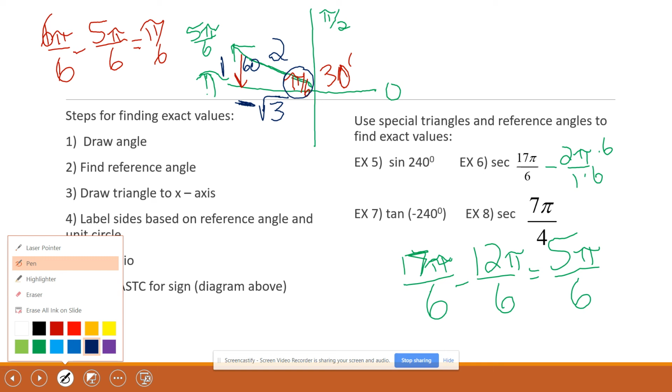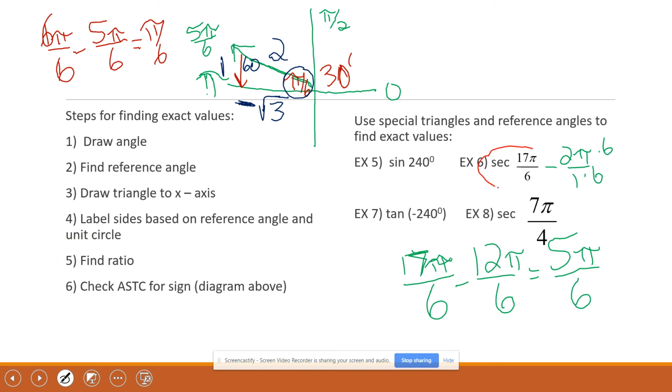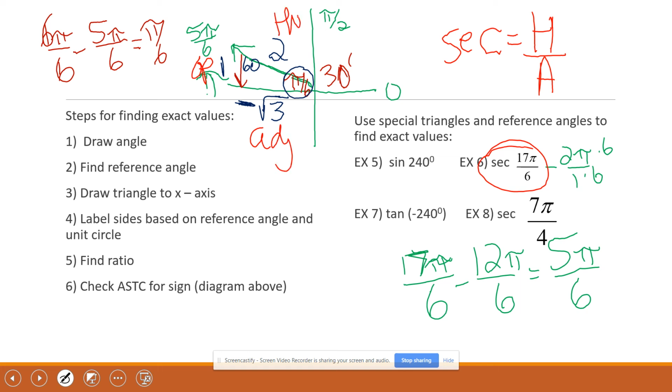Now that I have all of that in place, it's asking me for secant. Secant is the inverse of cosine. So the secant is hypotenuse over adjacent. From our reference angle, this is opposite, adjacent, hypotenuse.